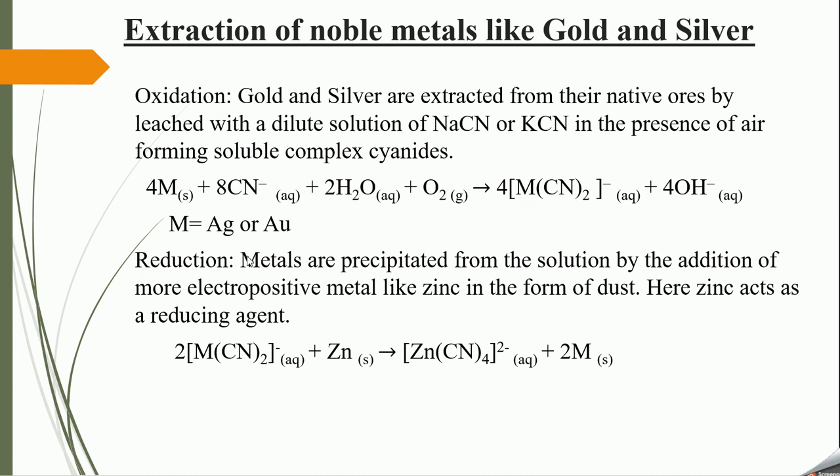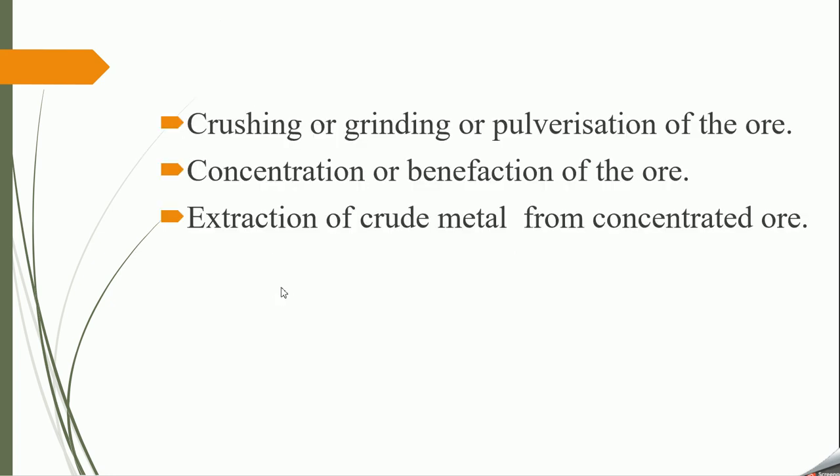So till now, under this chapter, you studied 3 steps of metallurgy, that is crushing or grinding or pulverization of the ore. That is the process of converting huge lumps of ore into fine powder. Then you studied concentration or beneficiation of the ore, the process of removing impurities from the ore. It is of 4 types: gravity separation, magnetic separation, flotation and leaching.